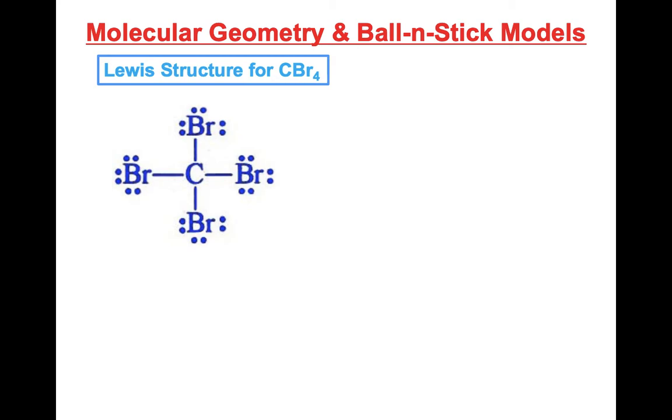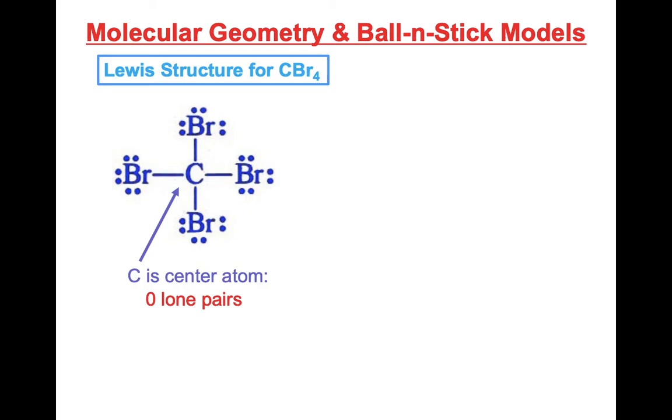CBr4, this is carbon tetrabromide. Carbon's in the center. We're not focusing on the lone pairs on the bromine. The question is, we know carbon's in the center, and does carbon have any lone pairs? The answer is no. Carbon does not have any lone pairs.